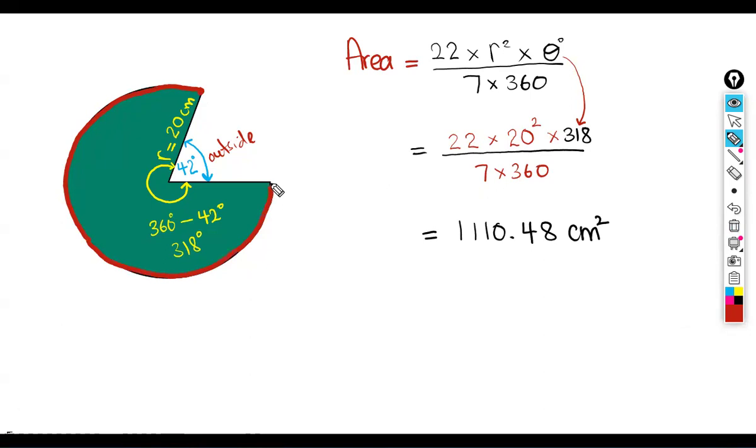Arcs could be big, arcs could be small. This is a huge arc. So to find the arc length, right? You have to adjust the formula. It's no longer the radius squared. You have to adjust it to put what? The diameter. So let's redo this question now.